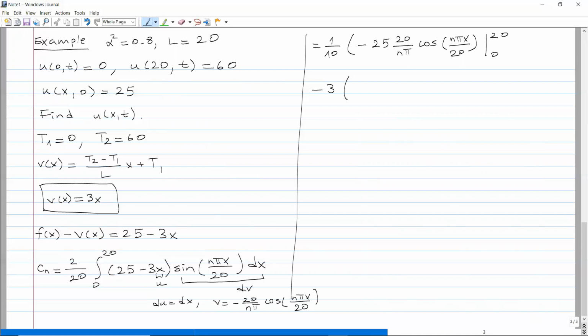So minus 3 times u times v, minus 20 over n pi x cosine of n pi x over 20, x from 0 to 20, plus 20 over n pi, integral from 0 to 20 of cosine of n pi x over 20.